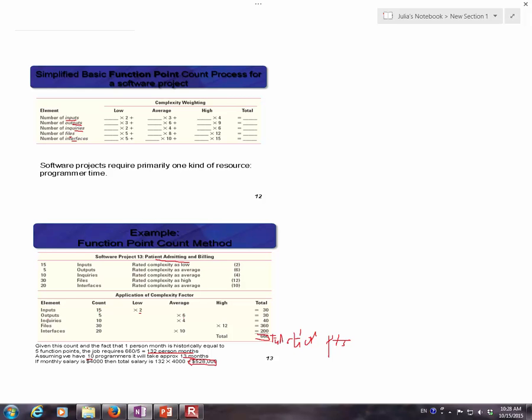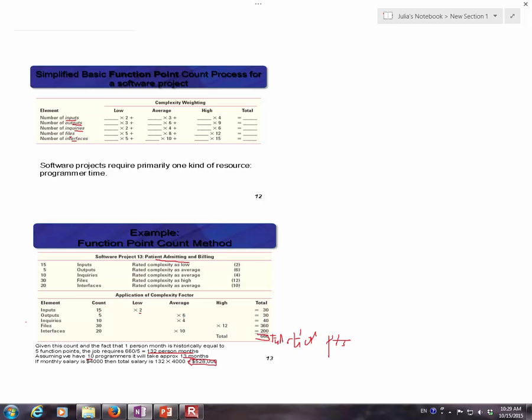By the same logic, for the number of outputs, we have 5, and the complexity is rated as average. Go back to our complexity weighting table, and you will find the average weighting for outputs is 6. So that's how you get 6 here. You use 5 times 6, you get 30.